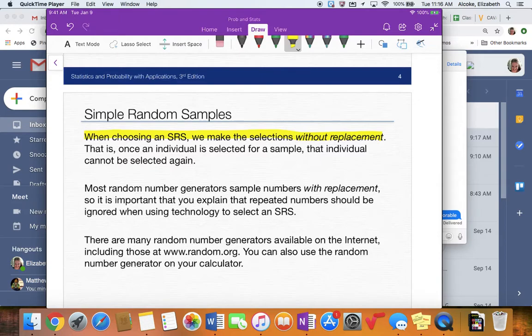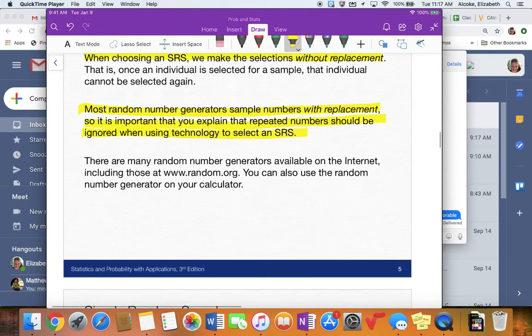However, most random number generators generate with replacement, so it's important that you explain that repeated numbers should be ignored when using technology. There's tons of random generators available on the internet, including www.random.org, and your TI calculator will do one as well, which is quite nice.